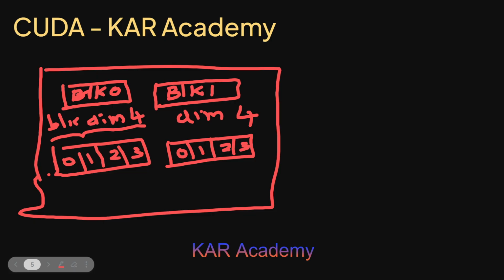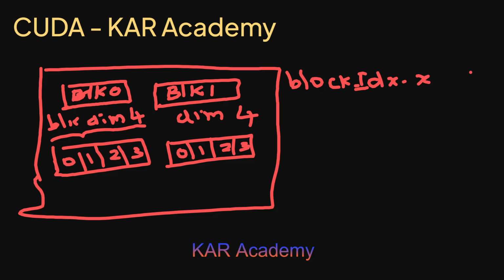The way it works is we have this formula written here, which is block index dot x times block dimension dot x plus thread index dot x.